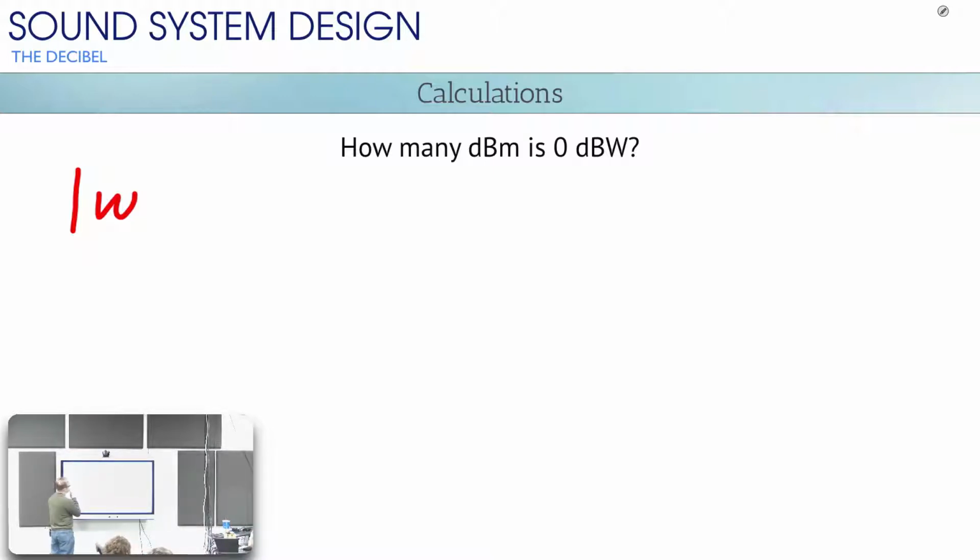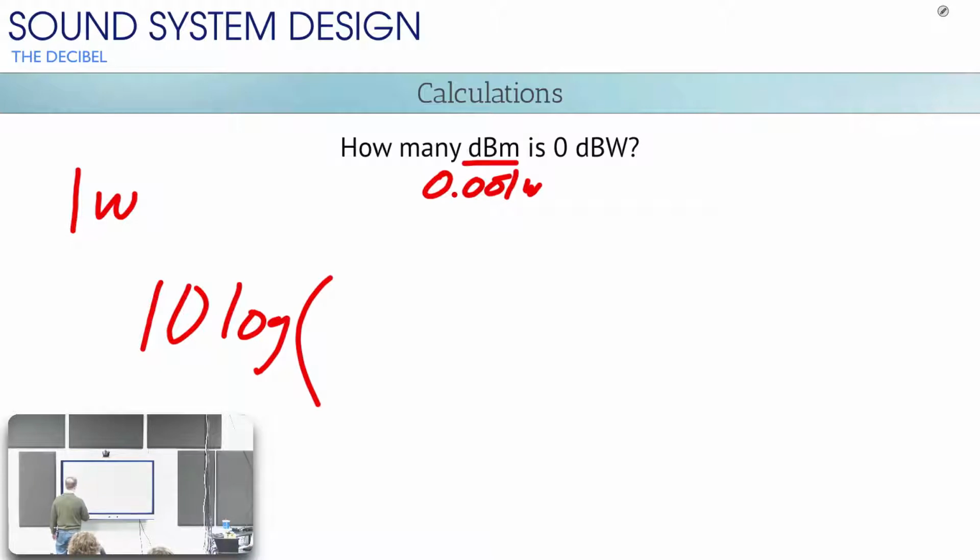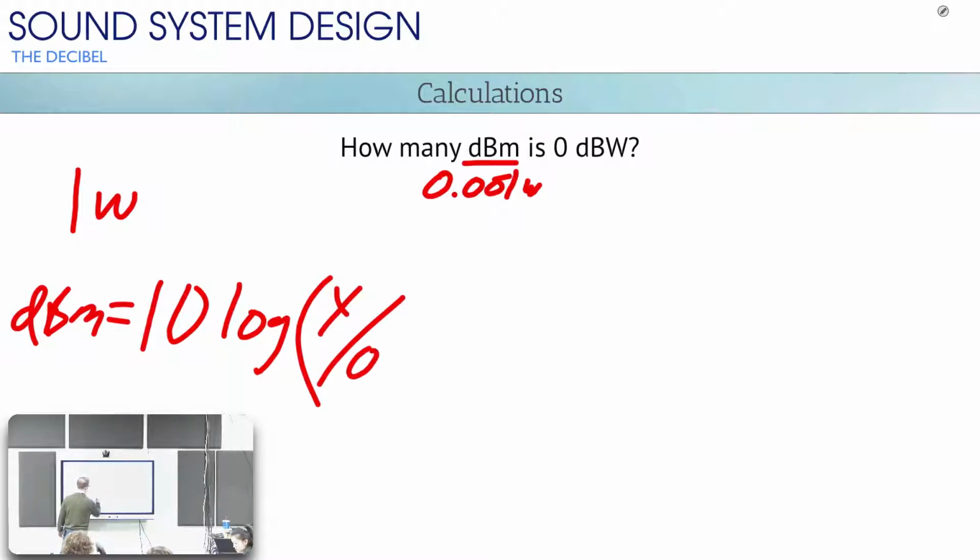Okay, so it's 1 watt, and the reference level for dBm is how many watts? 1 milliwatt, so 0.001 watts. Those are 2 power levels, right? If I want to know how many dBm is 1 watt, I can express dBm mathematically as dBm equals 10 times the log of x divided by 0.001.